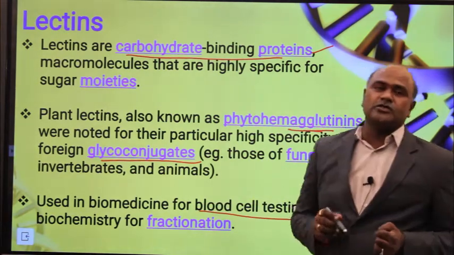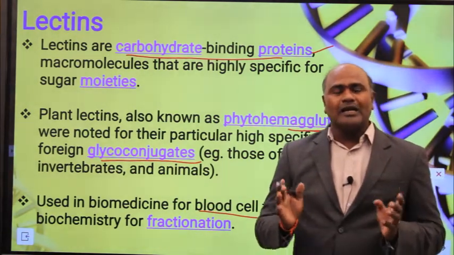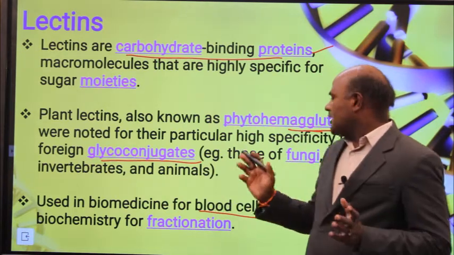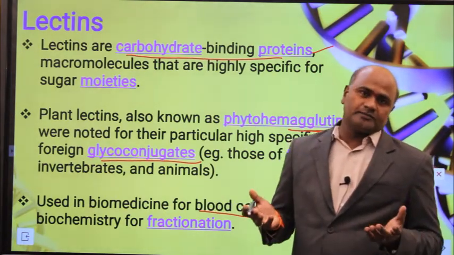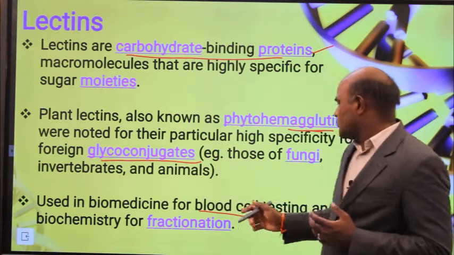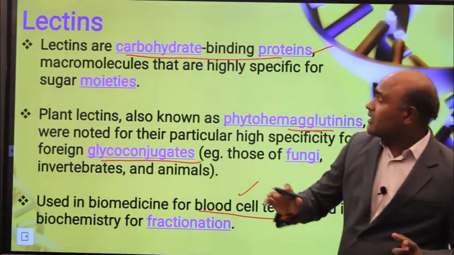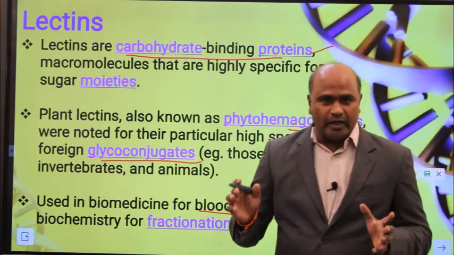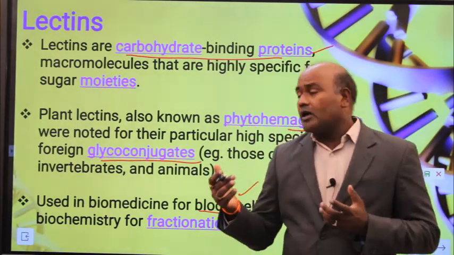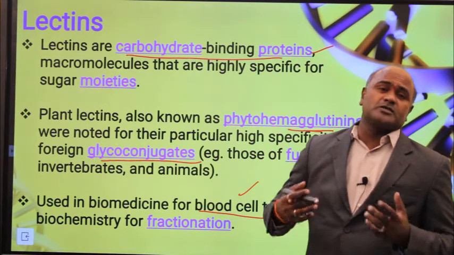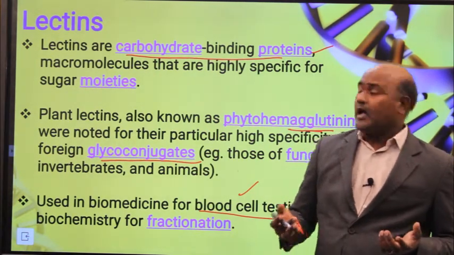Lectins are used for blood cell testing, in biochemistry and fractionation. So lectins are carbohydrate binding proteins, macromolecules that are highly specific for sugar moieties.